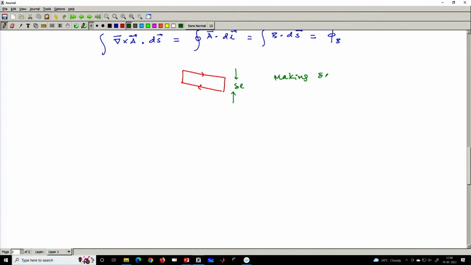Making delta L tend to 0 is my choice, I can make delta L according to my choice. So, we can have phi B tends to 0. That means the flux is almost 0, or the flux will vanish.